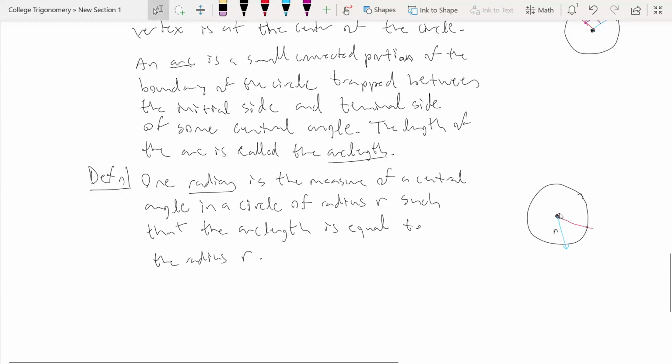Let's say it's about right there. So this arc length right here, from here to here, that arc length is equal to r. If that happens, then we say that this rotation, this angle theta, is 1 radian of rotation. Fair enough.